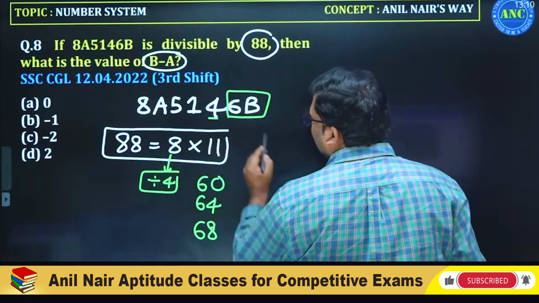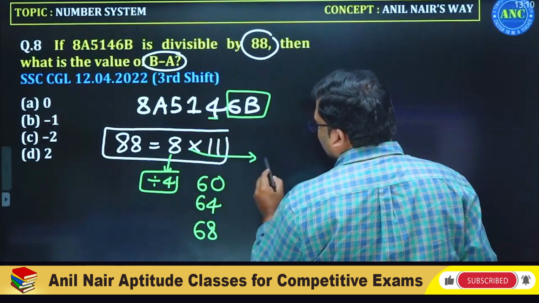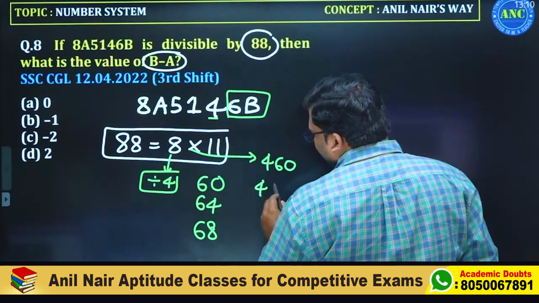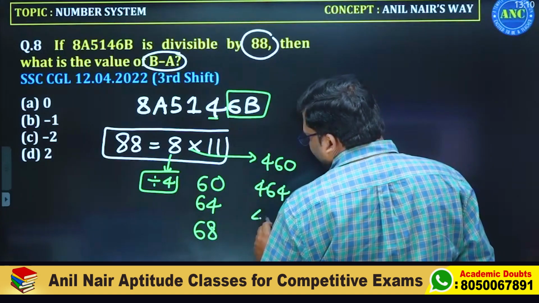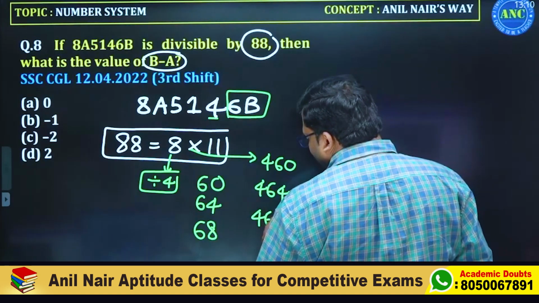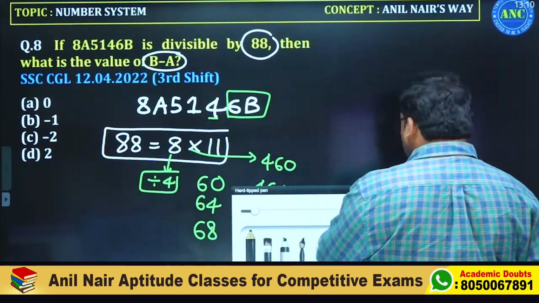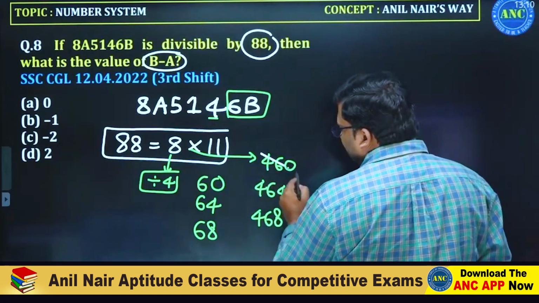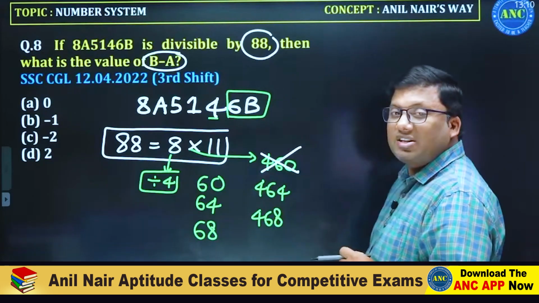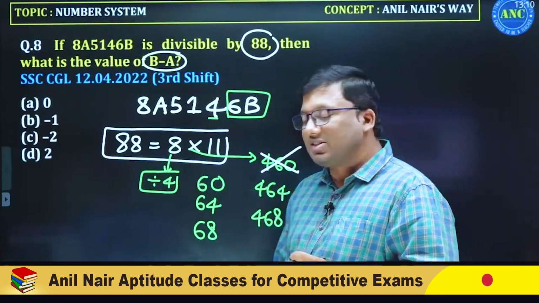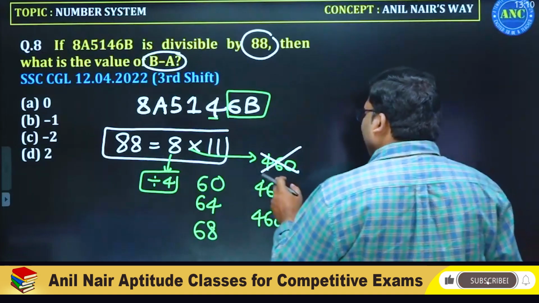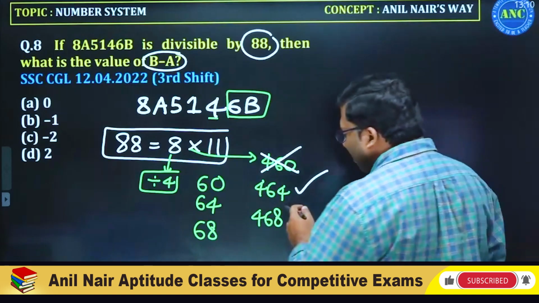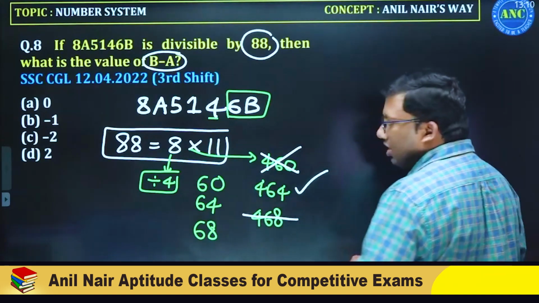The hundreds place is 4, so we check which of 460, 464 and 468 are divisible by 8. 8 fives are 40, so 460 is not. 8 sevens are 56, 8 eights are 64, so 464 is divisible. 468 is not divisible.